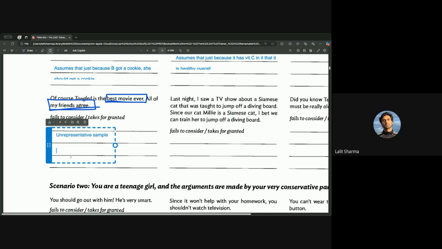What's easier to prove is something like it's the most popular movie ever, right? That you can be more certain about, because you can say it's the most popular movie ever because 99%, or this is the movie where the most people like it. This is the number one most popular movie. You can say those things, but for something that's subjective, it's not really great to say that it's the best.